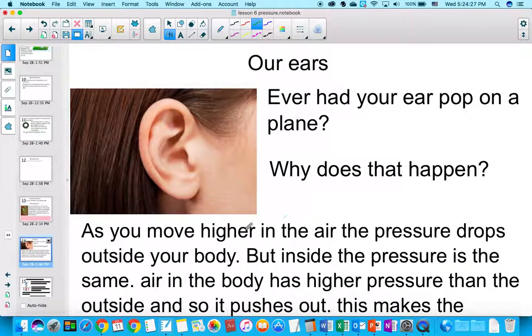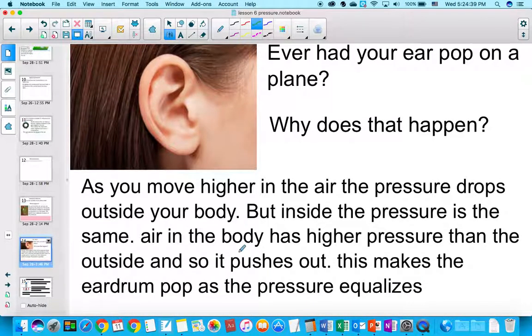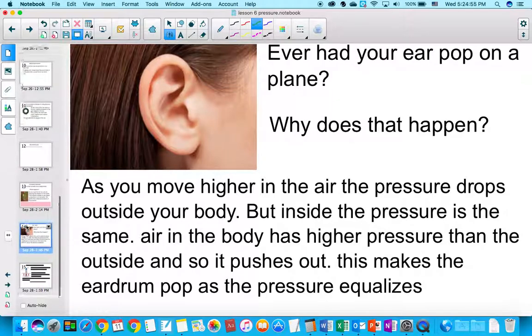So what happens is the pressure inside your body is the same as ground level, and the pressure outside your body is really low because you're up in the air. So the high pressure inside pushes out, and it can cause your eardrums to pop, creating that popping feeling or that popping pain for some people as the pressure tries to equalize, as the pressure inside and the pressure outside are trying to be the same.